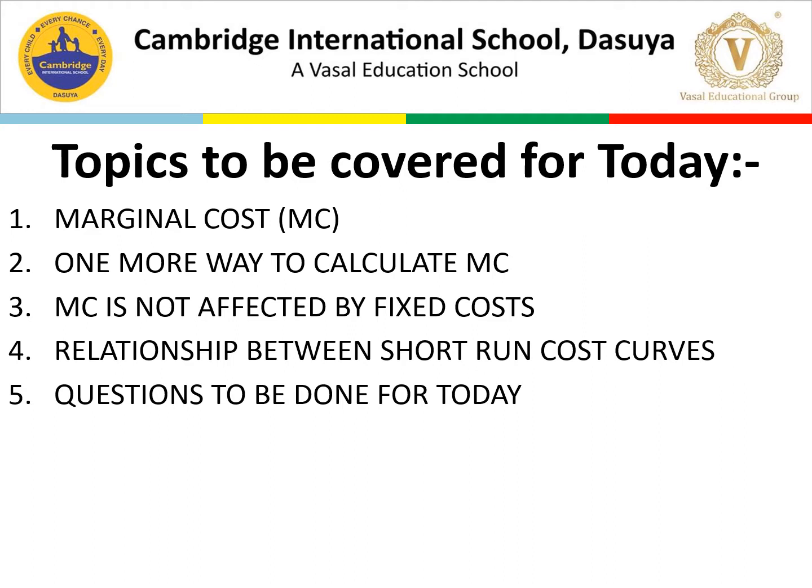I feel there is no doubt regarding the topics we have covered. In the end, we also covered the relation between AC, AVC and AFC. I guess you are already aware of all these terms. Now the last thing is marginal cost.